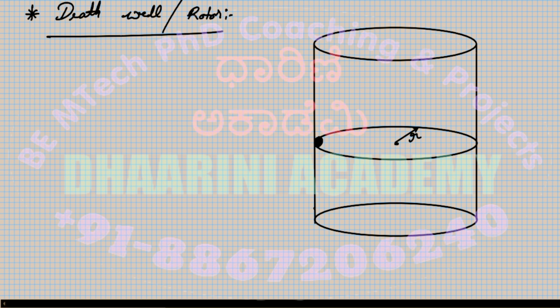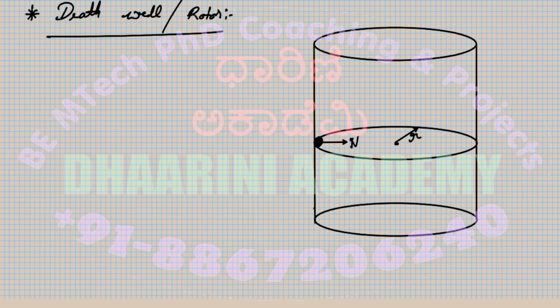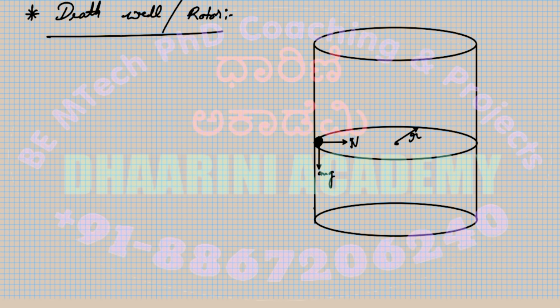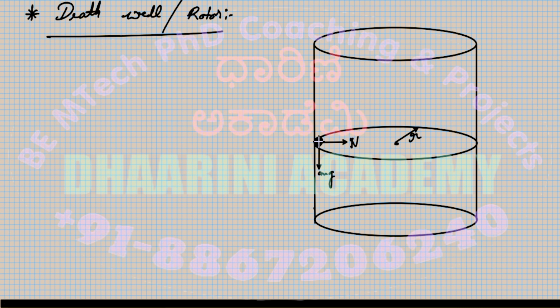So this is the circle representing the whole mass of the object. Now we know that there are several forces that can act. The one force which is definitely going towards the center, we'll denote, because it is a surface, right? The surface is going to push the object towards the center. So this is the normal. Again, we have the object's weight downwards, so we'll write it as m into g, and the force to compensate that should be upwards.